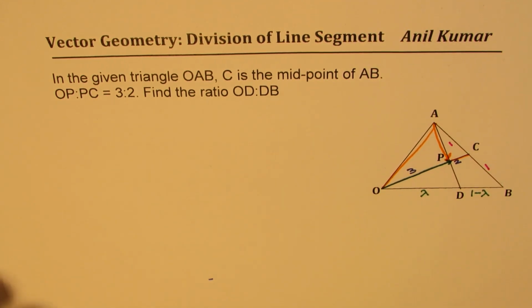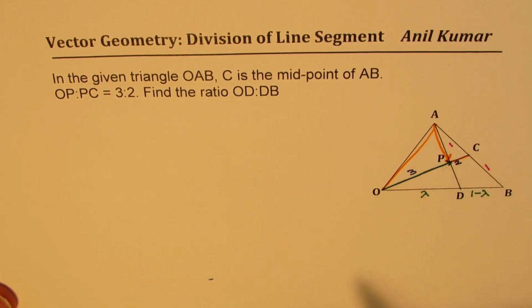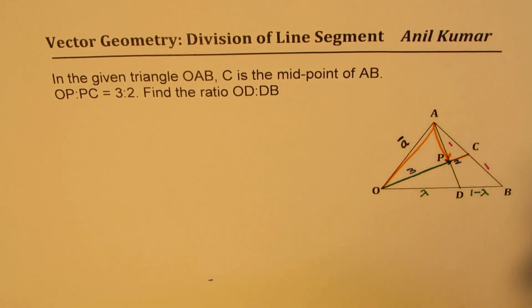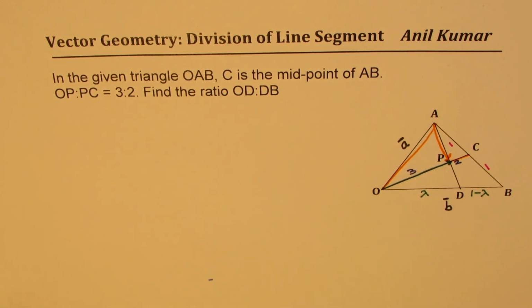Now if I'm saying that OP is a scalar multiple of OC, I should know what OC is, right? So let's begin by saying that let OA be the vector A and OB be vector B. Now, what is AB?